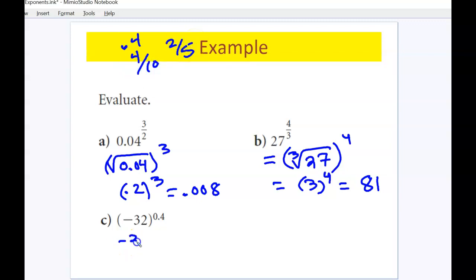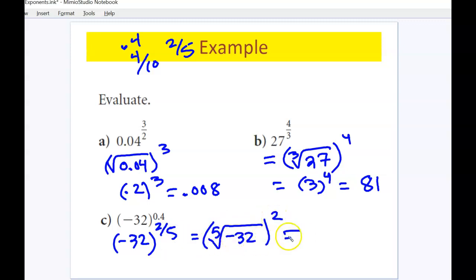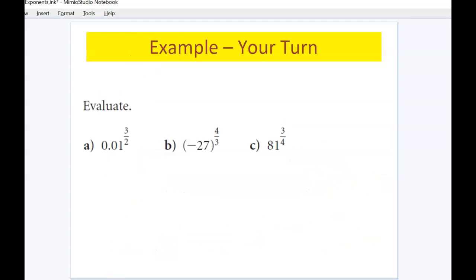So this is really negative 32 to the 2 over 5, which means the 5th root of negative 32 all squared. The 5th root of negative 32 is negative 2, and if you square negative 2, that's positive 4. Reminder that that negative has to be inside the brackets, and when you square the negative, it ends up becoming positive. Okay, I want you to pause the video and give these a whirl.